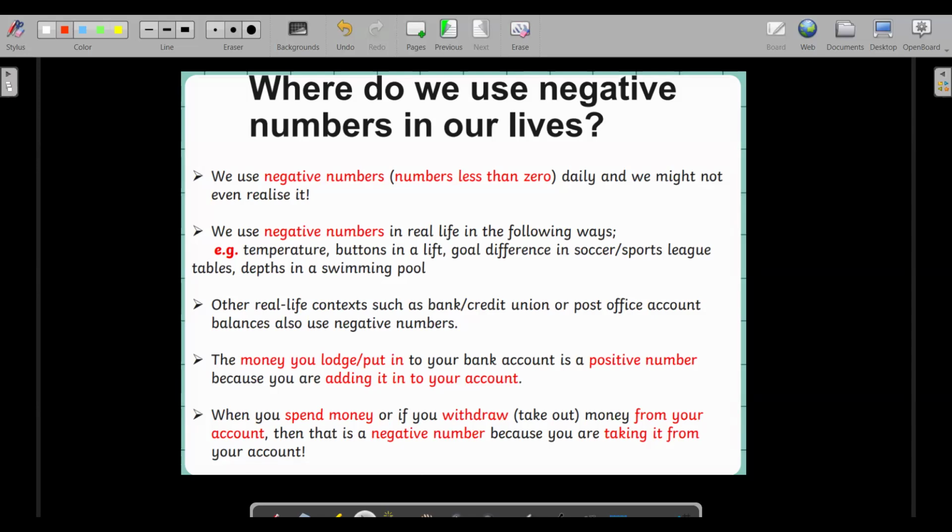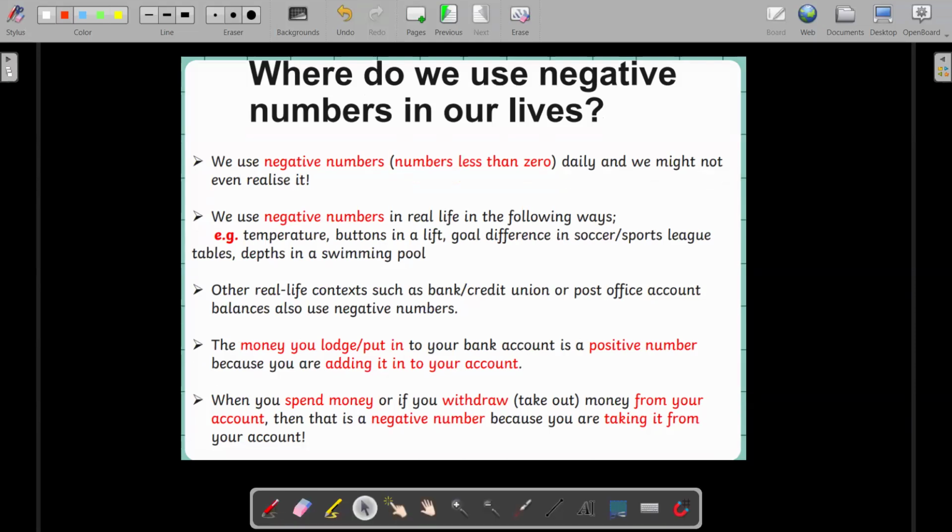Other real life contexts, such as bank/credit union, or post office account balances, also use negative numbers. The money you lodge/put into your bank account is a positive number because you are adding it into your account. When you spend money, or if you withdraw/take out money from your account, then that is a negative number because you are taking it from your account.